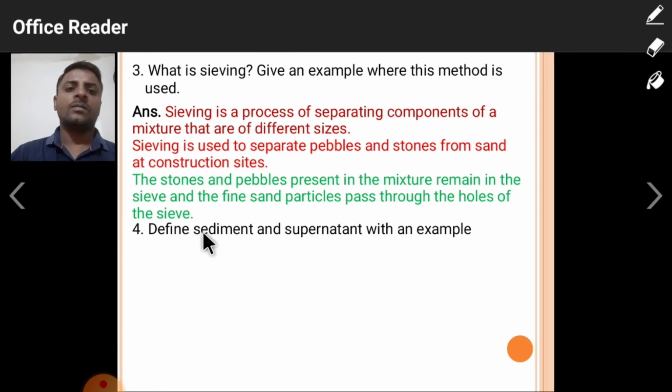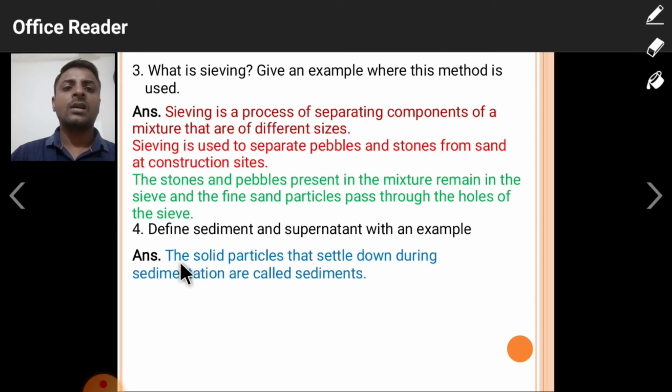Define sediments and supernatant with an example. So let's see first what is sediments. The solid particles that settle down during sedimentation are called sediments.